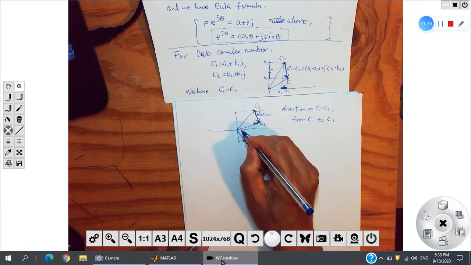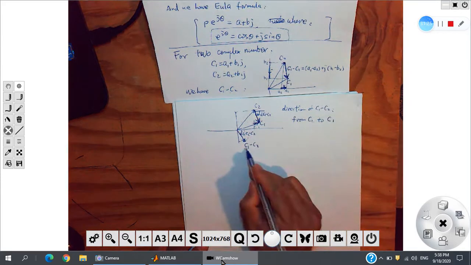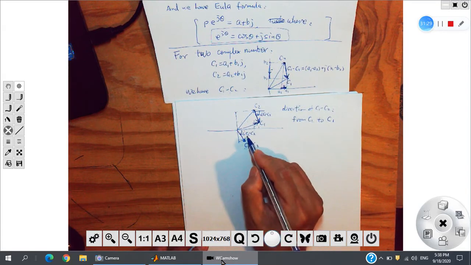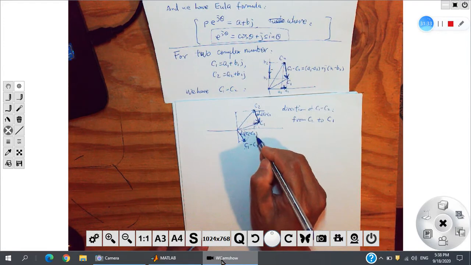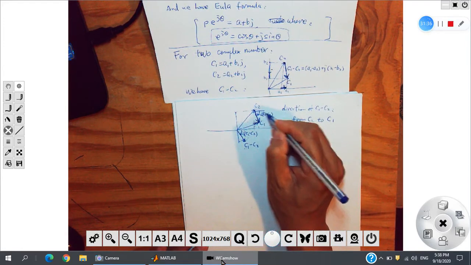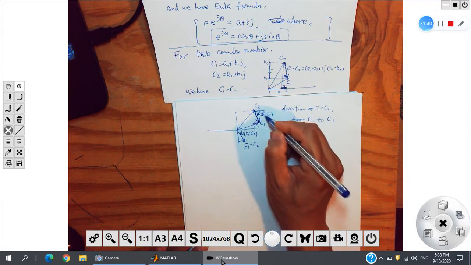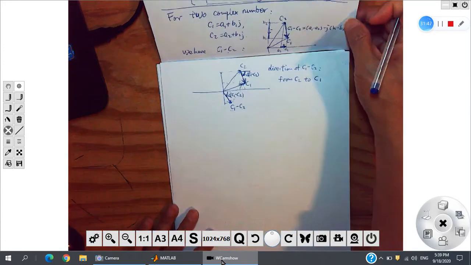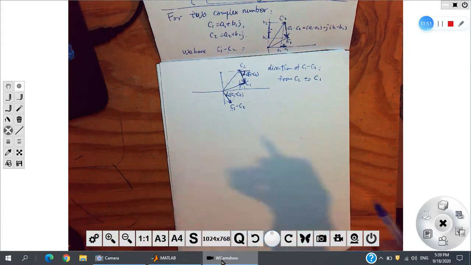This is the complex number C1 minus C2, and its angle is this one, and the same angle here. So this is the angle of C1 minus C2.